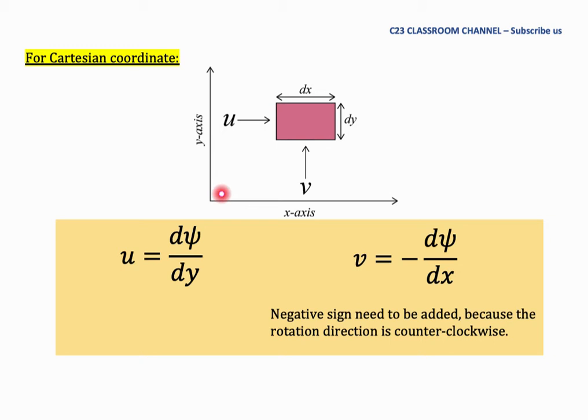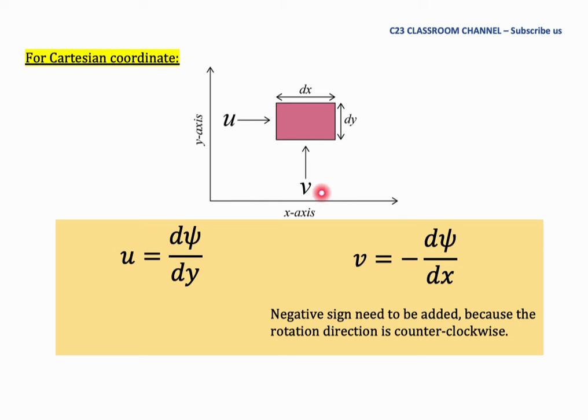If you're still confused by the idea of 1 unit, you could imagine that the thickness of this element is equal to 1. That's why the cross-sectional area here will become dy times 1, so it becomes dy only. So we could write the value of u here as equal to d psi over dy.